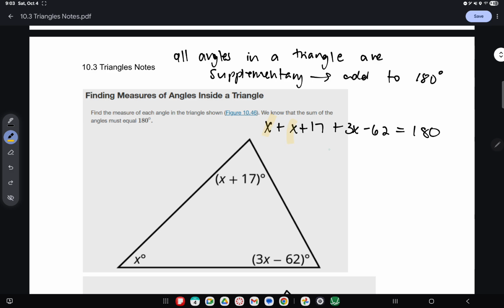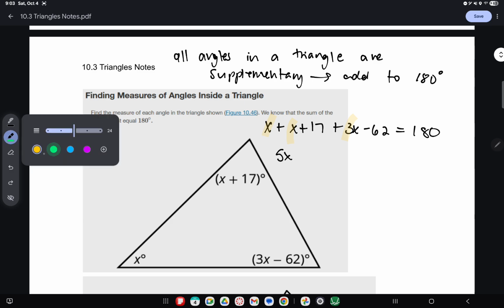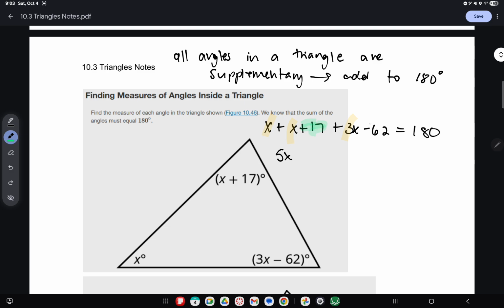I can add my like terms, so x plus 3x gives 5x. Then my other like terms, 17 and minus 62, give negative 45. Those equal 180.